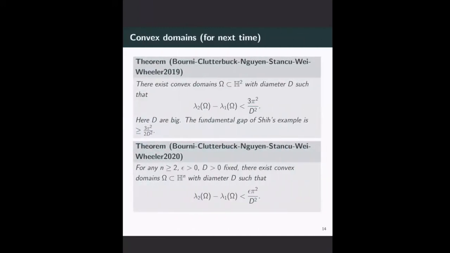So this is a plug for next time. So we looked at convex domains, and we proved that there is a convex domain that violates the fundamental gap conjecture, for which the fundamental gap is less than 3 pi squared over d squared. It was the same example that didn't have a log concave first eigenfunction.